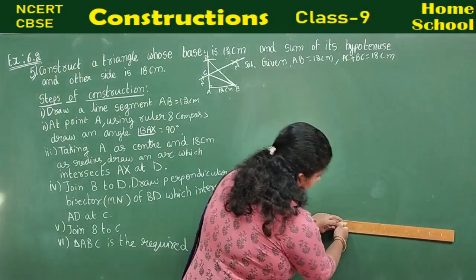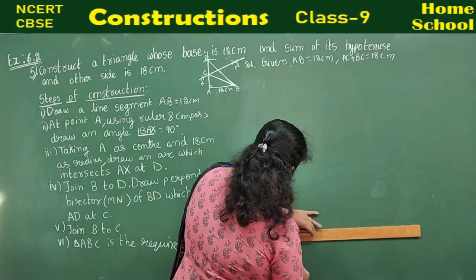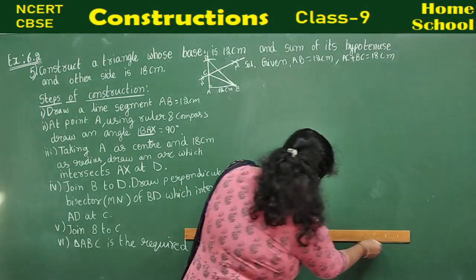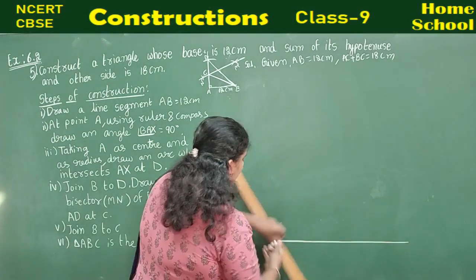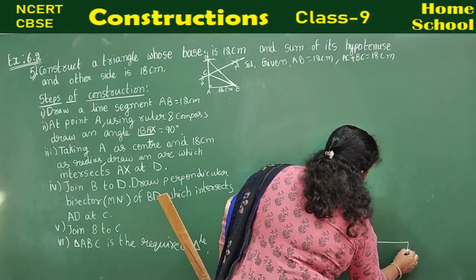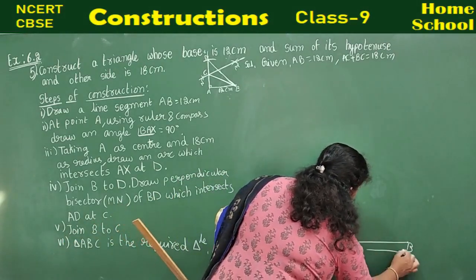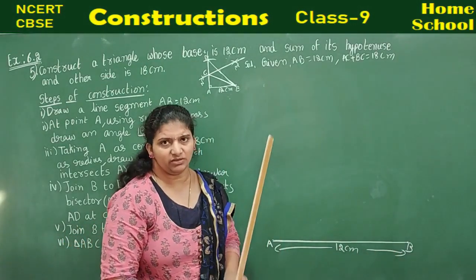Let me take a ruler. How many centimeters? 12 centimeters. Yes, this is 12 centimeters. Mark points A and B. The distance is 12 centimeters. The length of the line segment is 12 centimeters.